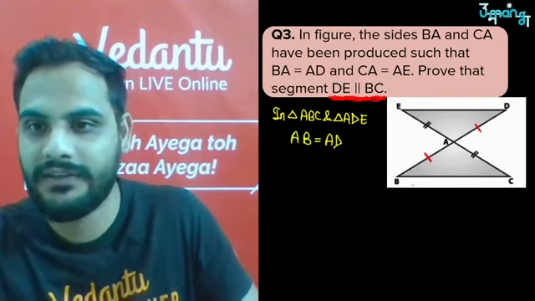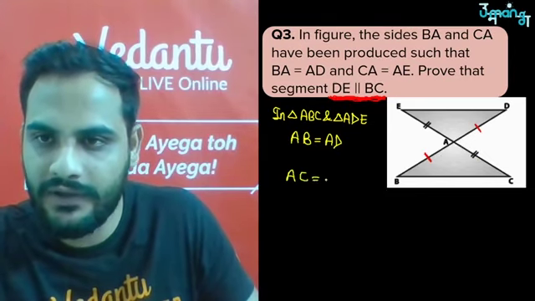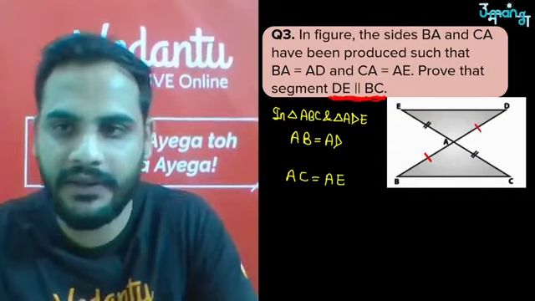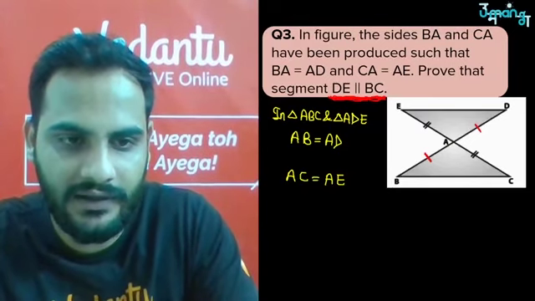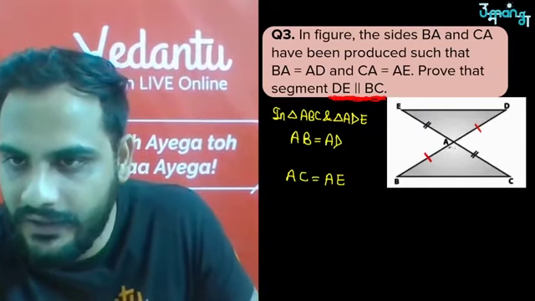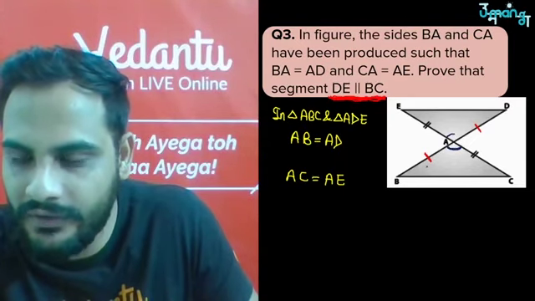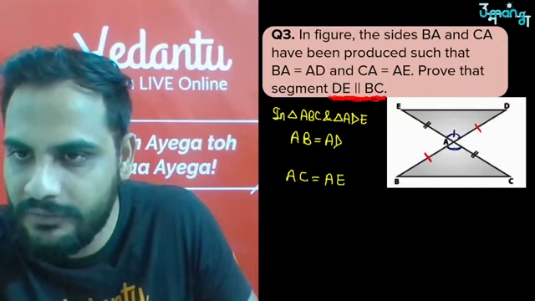Then also AC is equal to AE. Now listen carefully: this angle BAC and this angle DAE both will be equal.